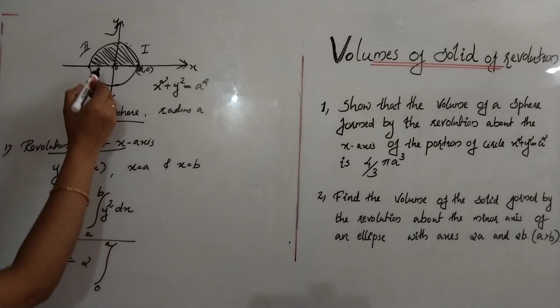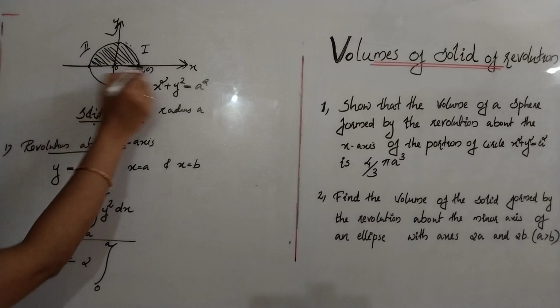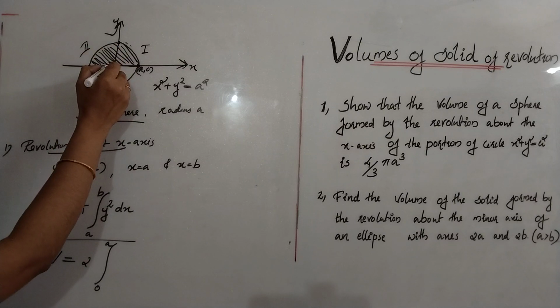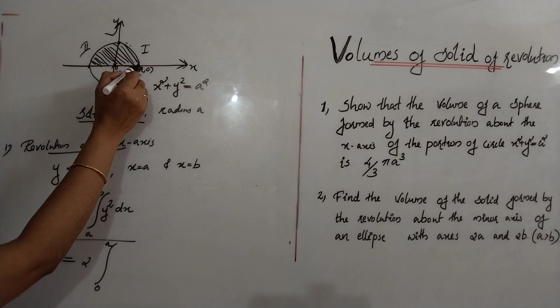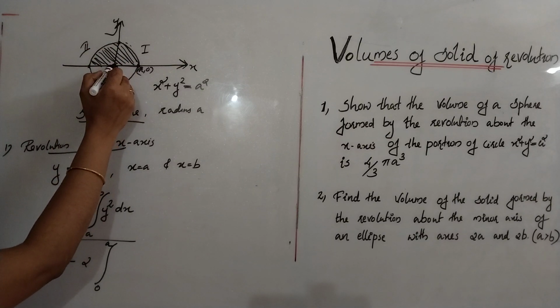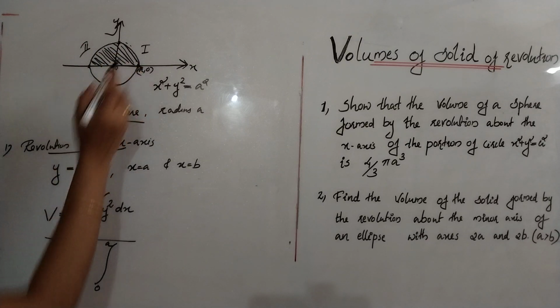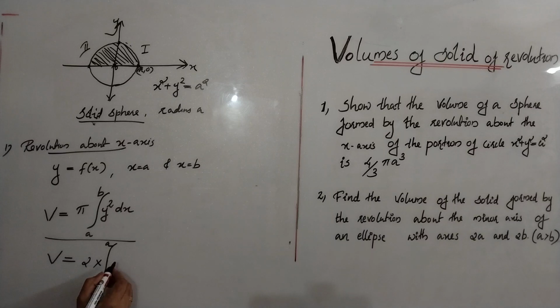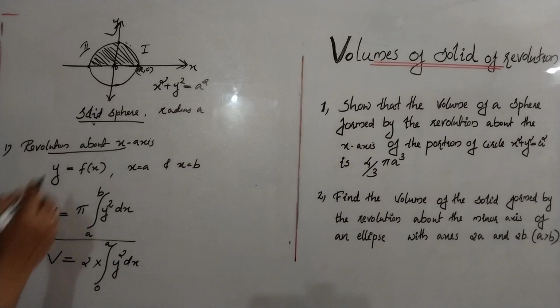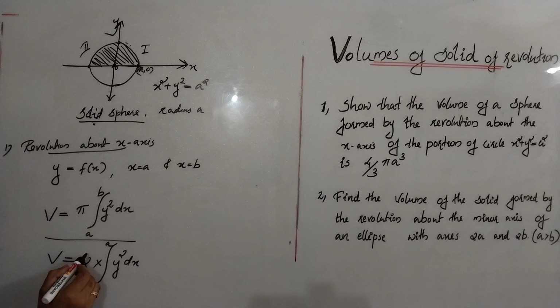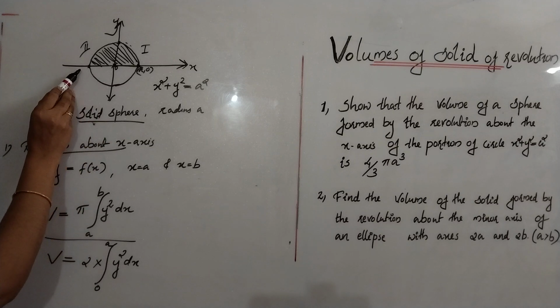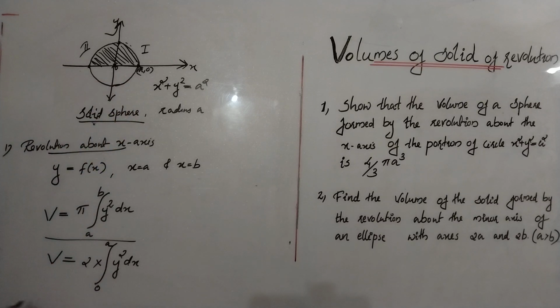That is, this portion is symmetric about the x-axis, so we can take the revolution of the portion of area from 0 to a, that is, from 0 to a, y square dx, 2 times. If we are not taking this 2, the integration is from minus a to plus a.